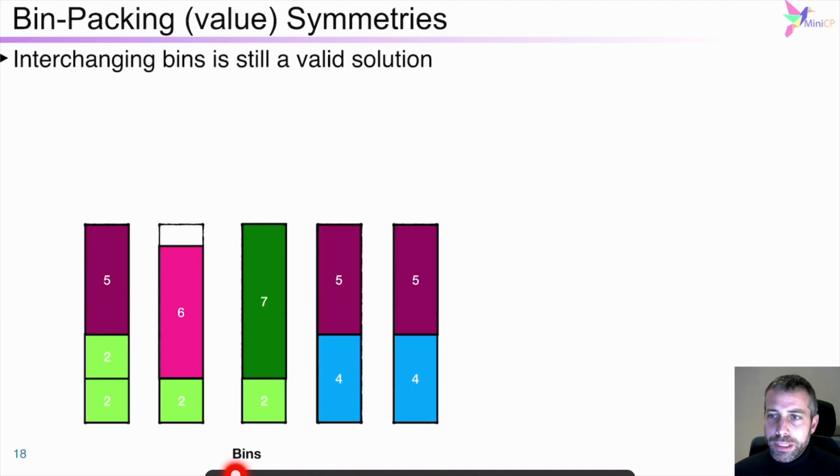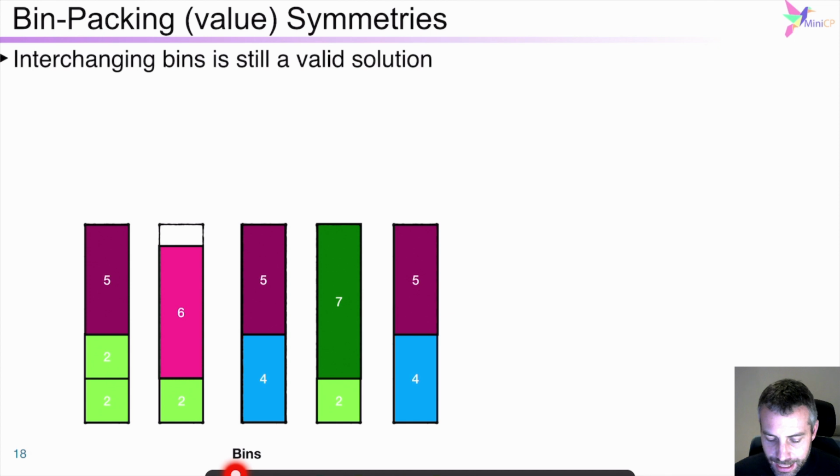Let's come back to the bin packing problem to have an example of a value symmetry. Clearly, what we can do in terms of a mapping function to generate symmetries is simply a mapping function that will exchange completely two different bins. So let's take these two bins, for instance. I exchange them, and I still have a solution to my bin packing problem because they have exactly the same capacity.